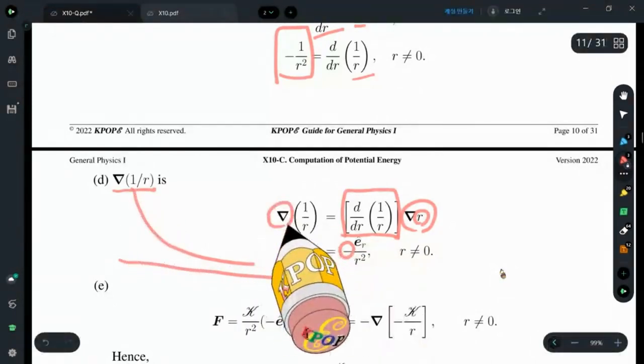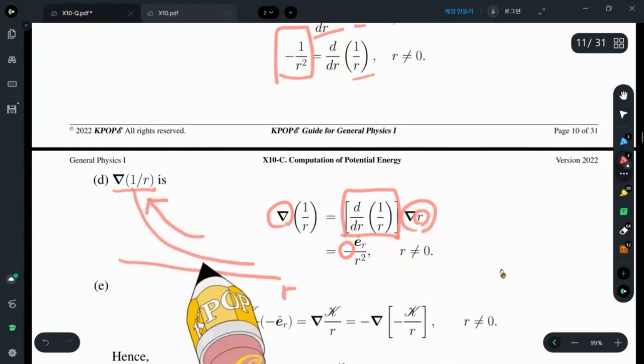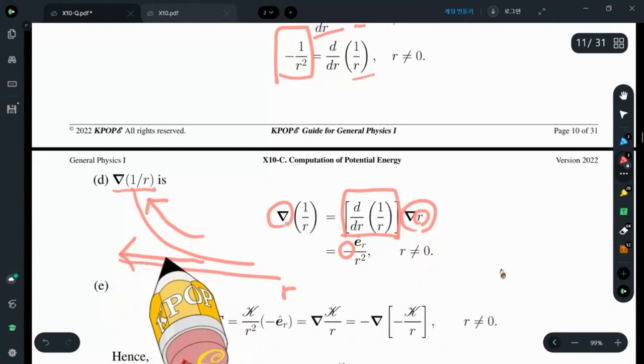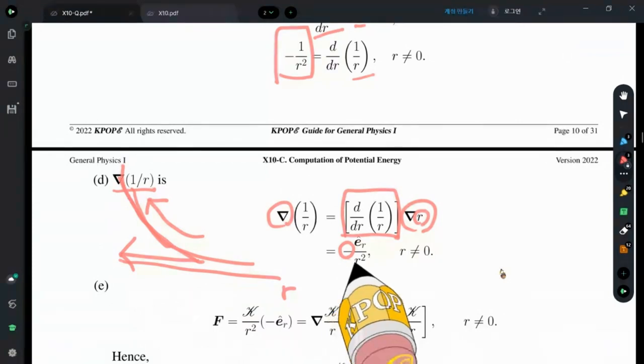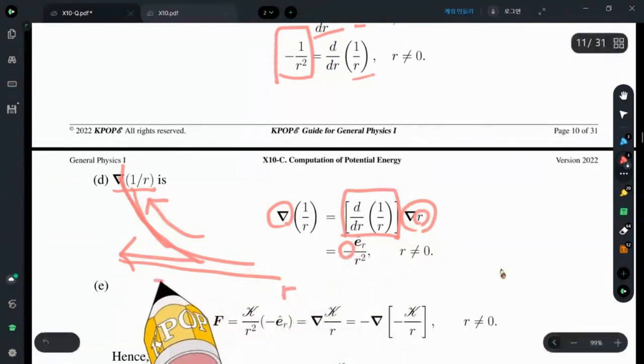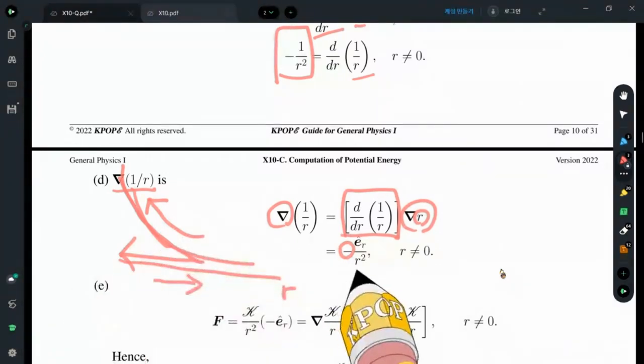And you know, the gradient is the direction of increasing. So the gradient is toward these higher positions, right? That's the reason why the gradient is toward the center.